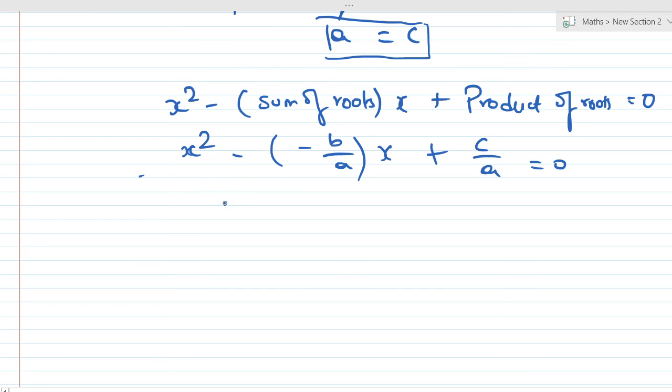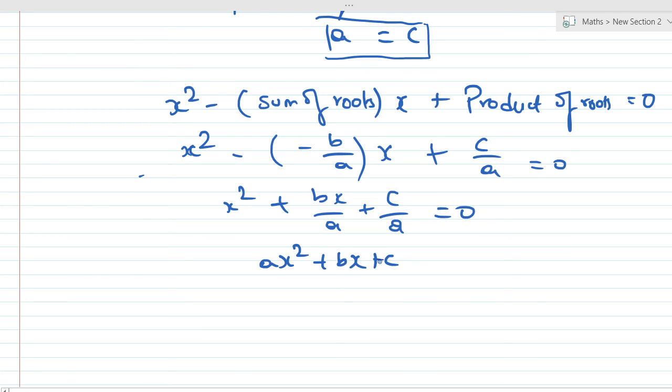If you solve this equation, multiplying through by a, you will get the normal equation only. So if you have to make the equation, it will be x square minus sum of the roots into x plus product of the roots equals 0. That is how you need to make an equation.